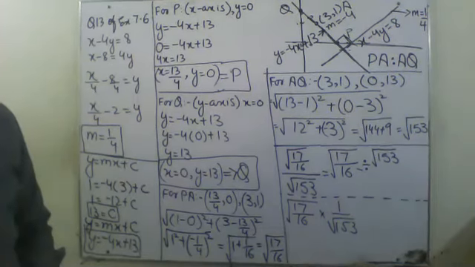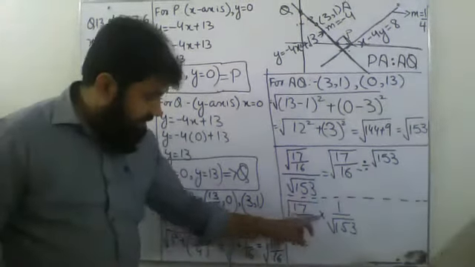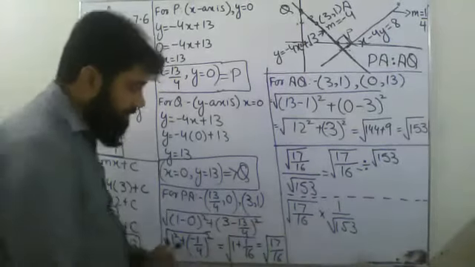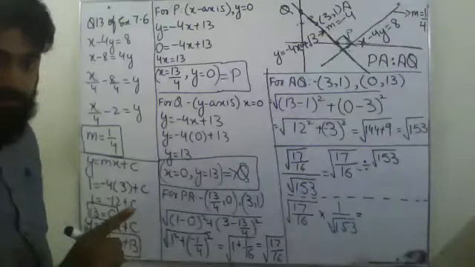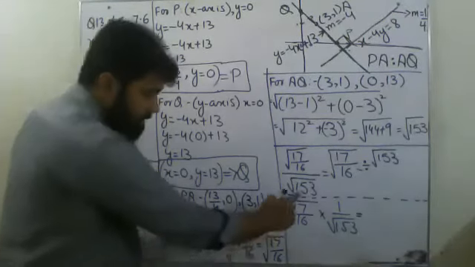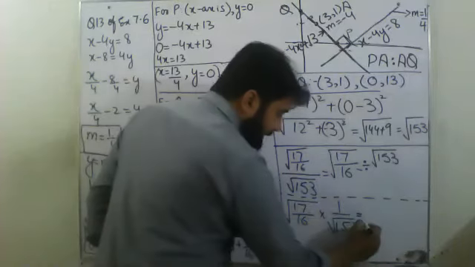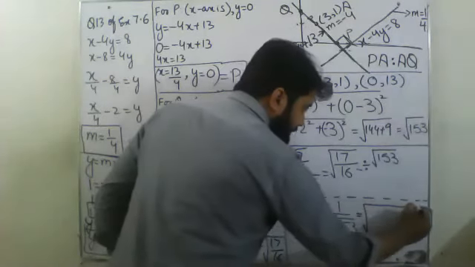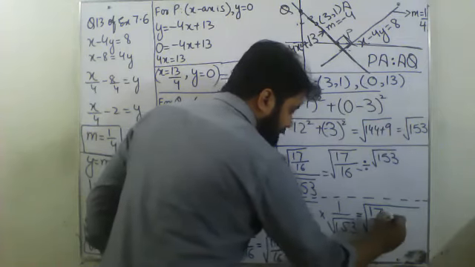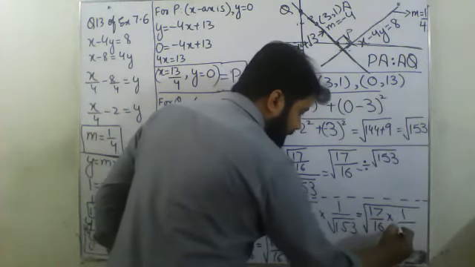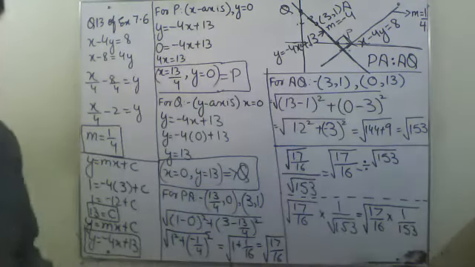So what we can do over here is write them under one root, because this one is being divided, this one is being multiplied, so I can write it like this: 17 over 16 multiplied by 1 over 153.